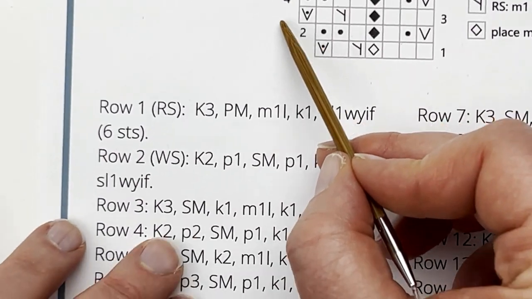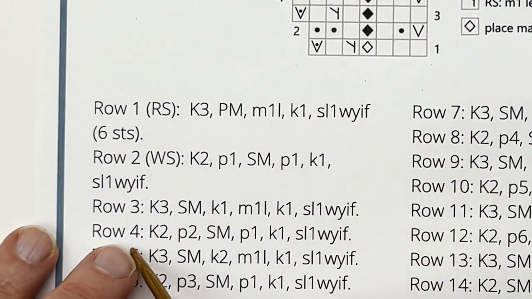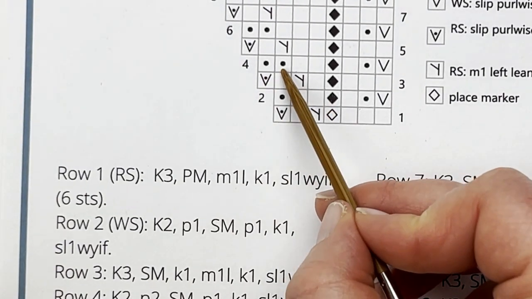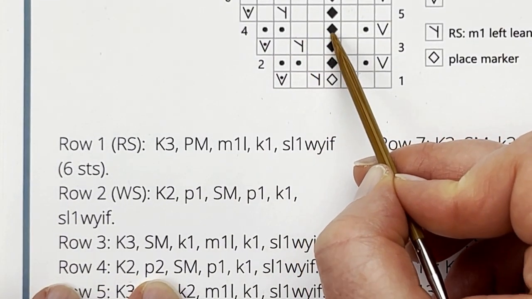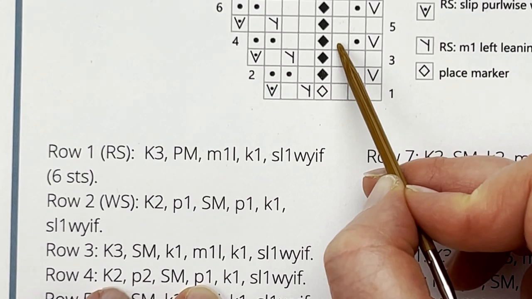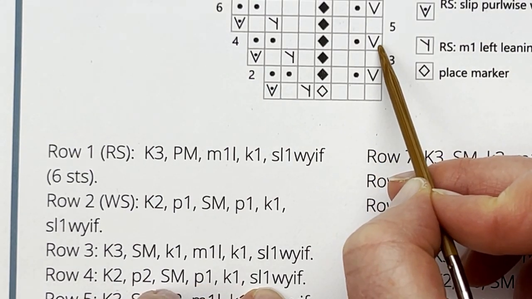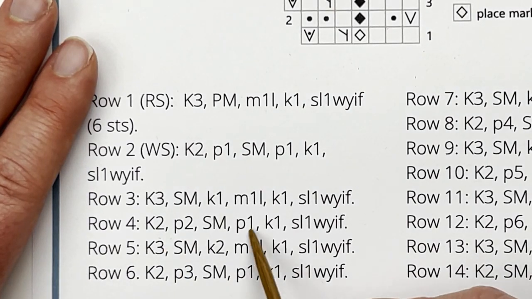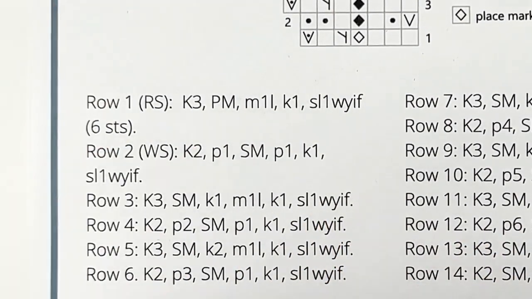So then you just go down to row 4, and it tells you right here, knit 2. Okay, yep, purl 2, yep, slip the marker, yep, purl 1, knit 1, slip 1 with yarn in front, and you have exactly what you need right here.